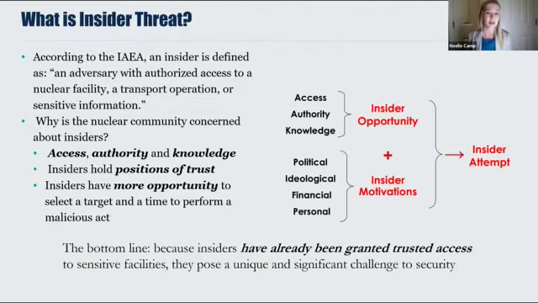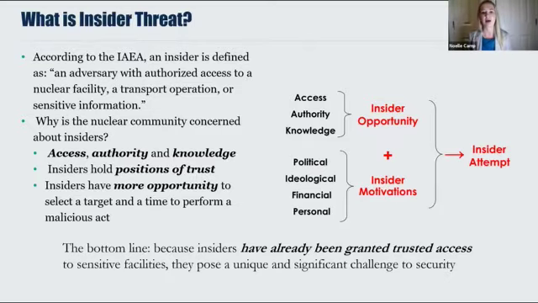For insiders, time is on their side. Insiders have prolonged access to a facility, and that gives them more opportunity to select an appropriate target and more time to perform the malicious act. We'll see in a case study later on some examples of insiders who chose to commit protracted theft over the long term, stealing small amounts of nuclear material over a long period of time and taking advantage of that long-term facility access.